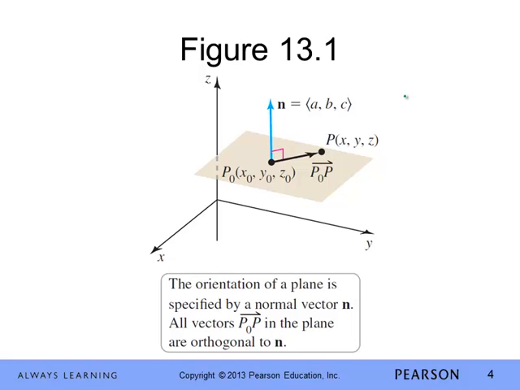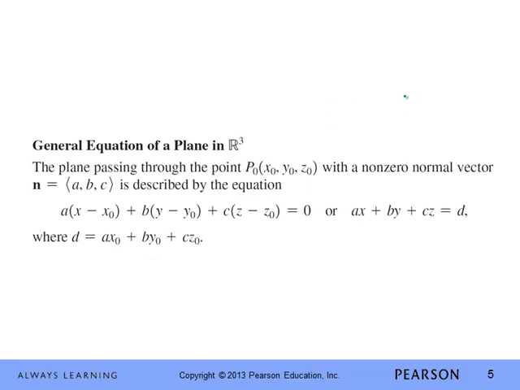So what we do then is take the dot product of the vector that goes from P sub 0 to P with n, our normal vector. Take that dot product, set it equal to 0, and you'll have the equation of your plane. So here's what that dot product looked like.